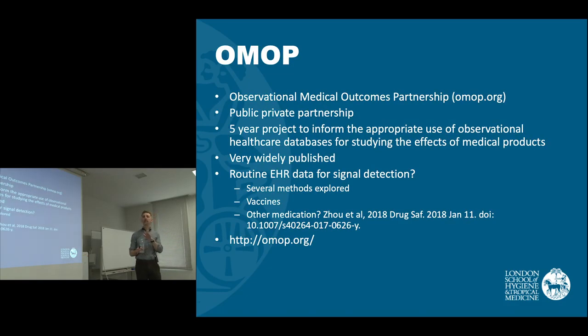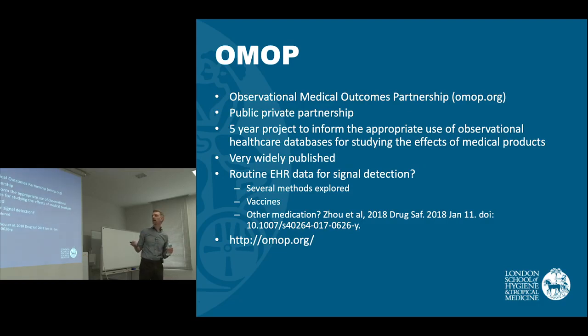I'm not going to go into detail on the methodology, but just to give you a flavour, there's a partnership from a few years ago called OMOP, the Observational Medical Outcomes Partnership, and this was a large public-private partnership that was led out of the US, and it looked at healthcare databases and how we could use them better to study the effects of medicines.